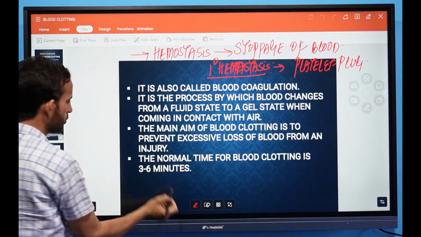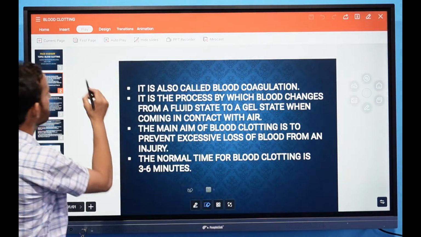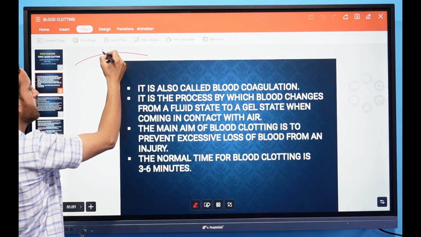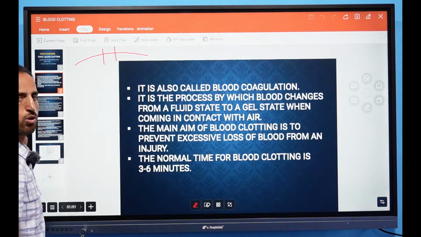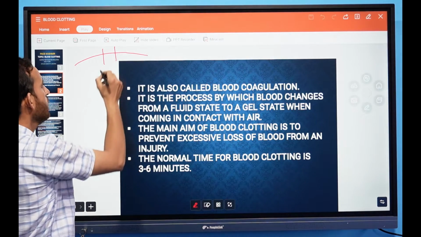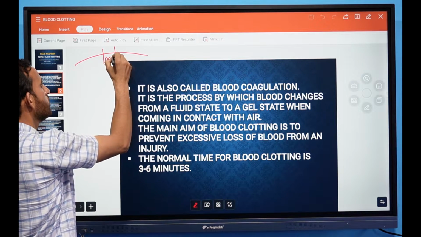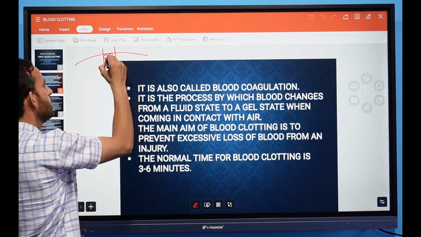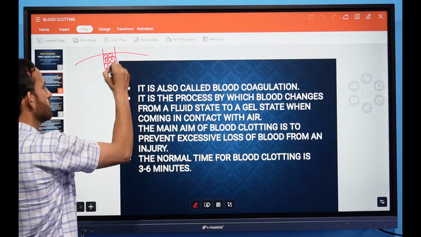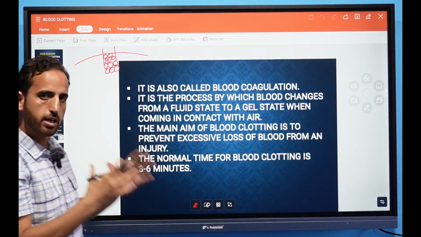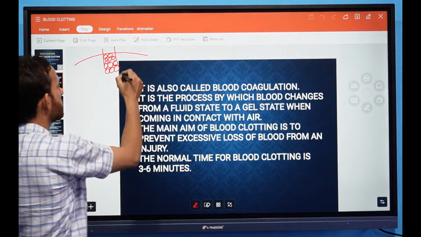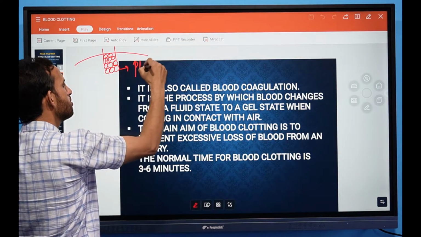For example, this is again a blood vessel, and a cut has occurred here. Now these cells start accumulating there. These cells are platelets. So the aggregation of these platelets forms another very important structure, which is called the platelet plug.